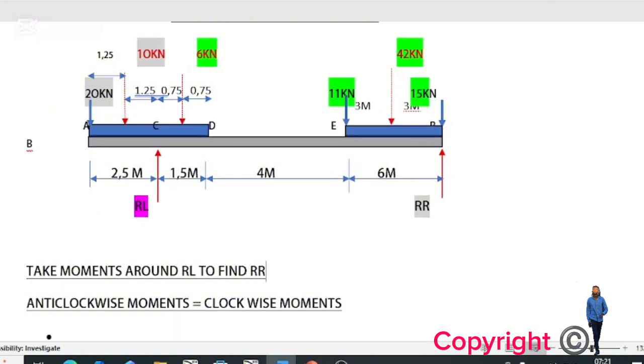But the one which is opposing on the right is RR, going upwards, which means it's going to be anti-clockwise.